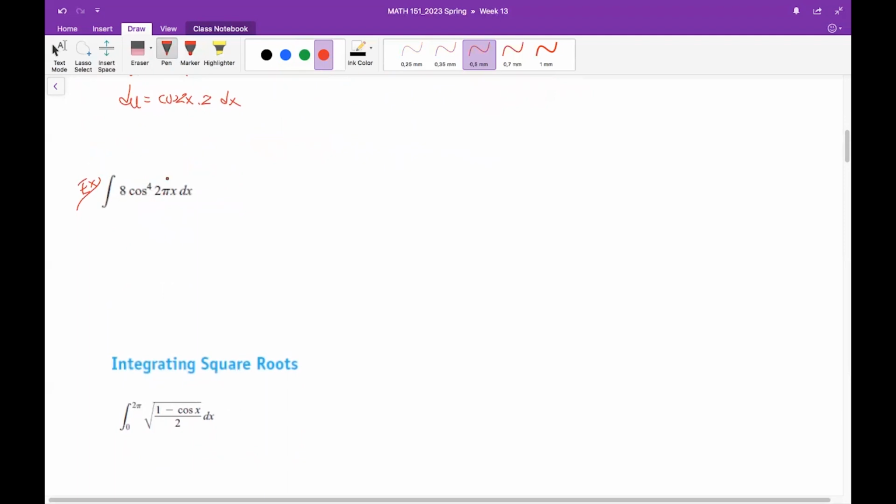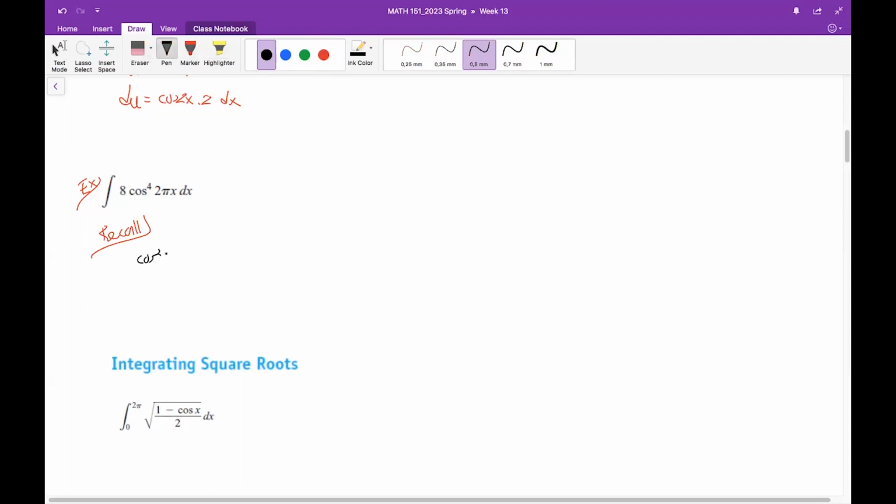So here we have even power. There is no odd power around. Both of the powers are even. You can assume that there is this sine to the power 0 of 2 pi x here, an even power 0. If both powers are even, you need, let me put a recall here, to use half-angle formulas.